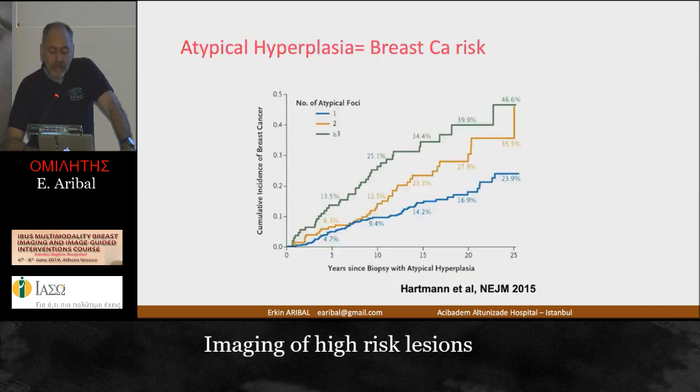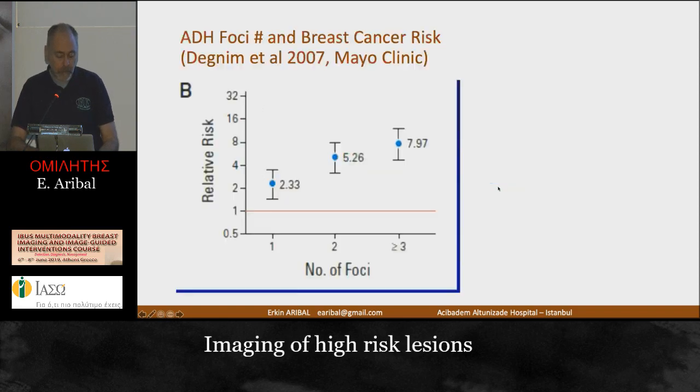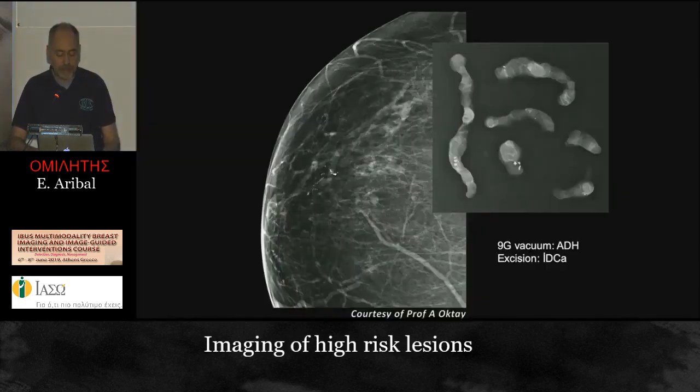And also the number of foci is important. If there are more than 3 foci, the risk of having a cancer is quite high compared with when there is only one focus. Again, same with the study.